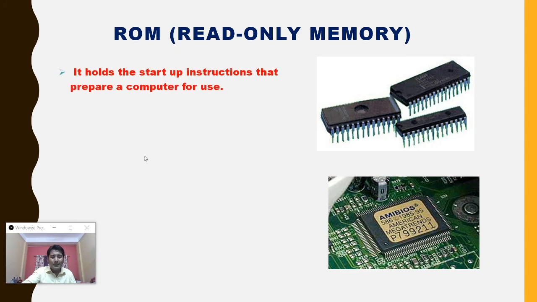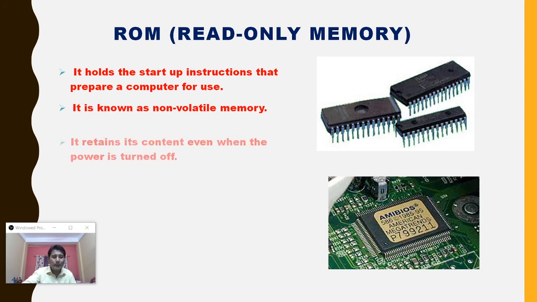It holds the startup instructions that prepare a computer for use. I have already said that the manufacturing company programmed the ROM to do a particular work permanently, right from the starting of the machine to looking after the overall functioning of the CPU. It is also known as non-volatile memory. Why non-volatile memory?